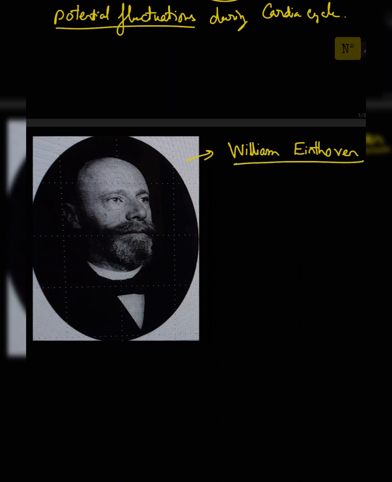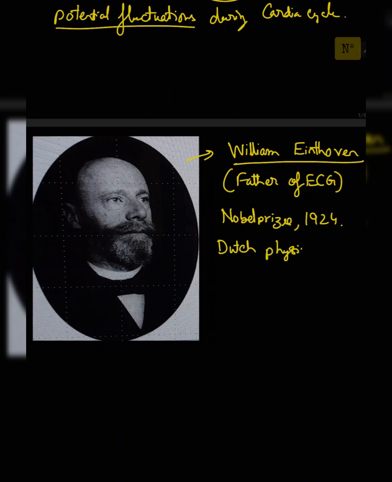He is also called the father of ECG, who in fact got the Nobel Prize in the year 1924 for his contribution to the discovery of ECG. He was a Dutch physiologist who taught at the University of Leiden.